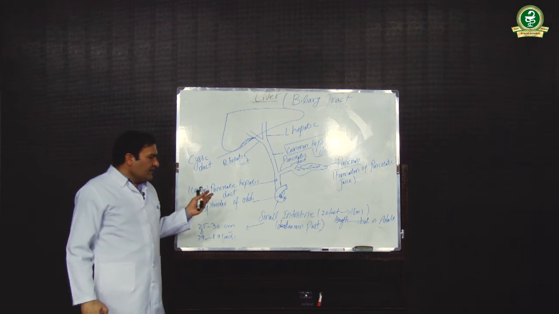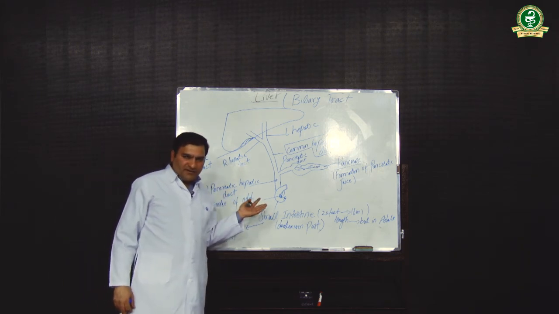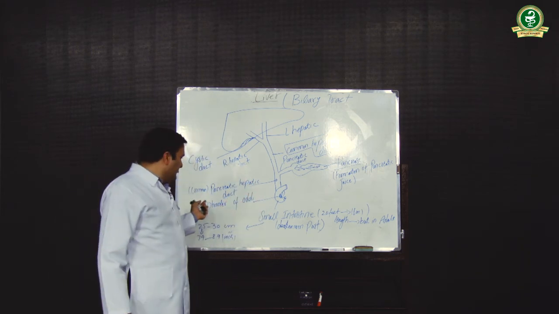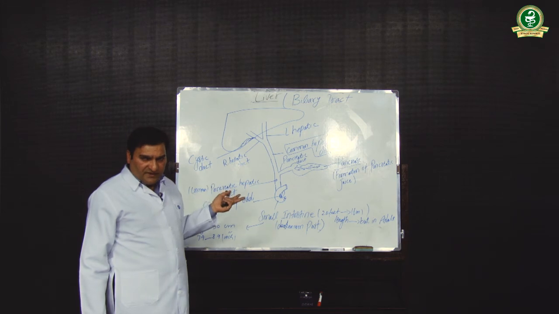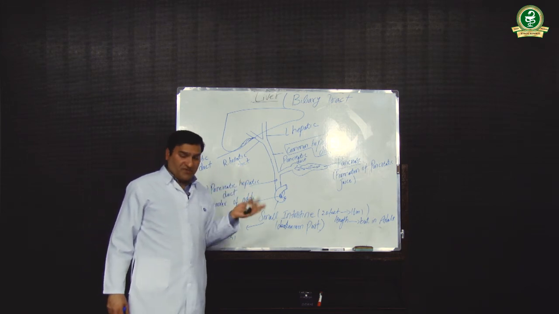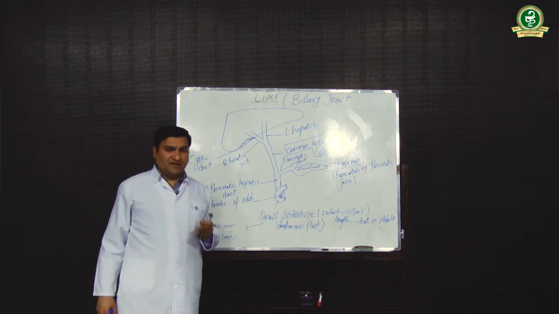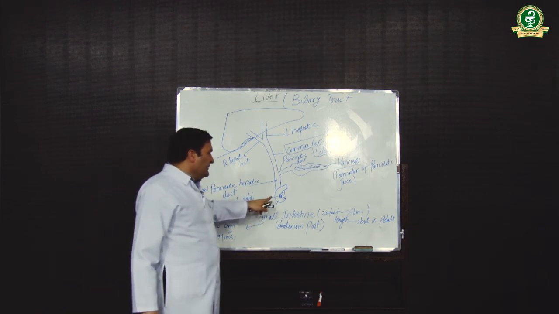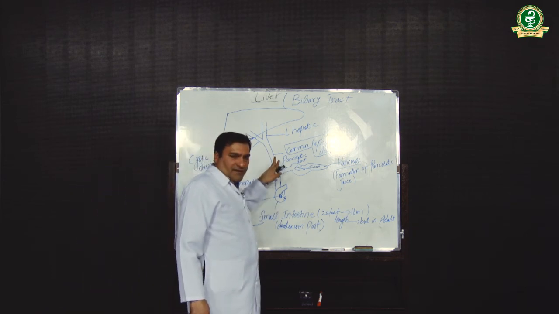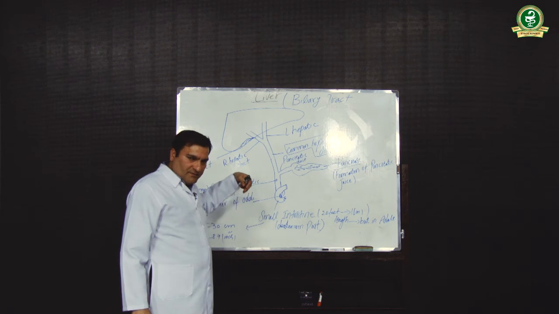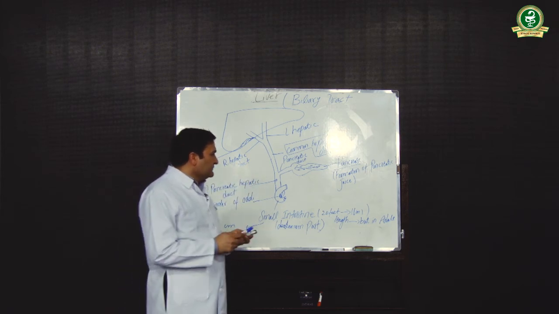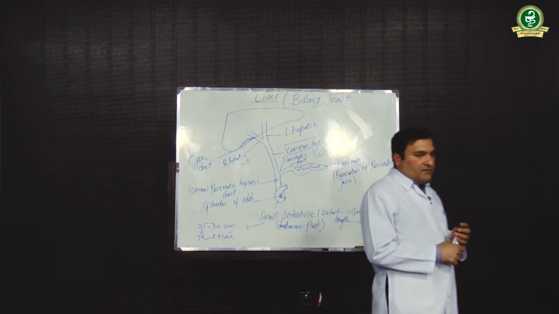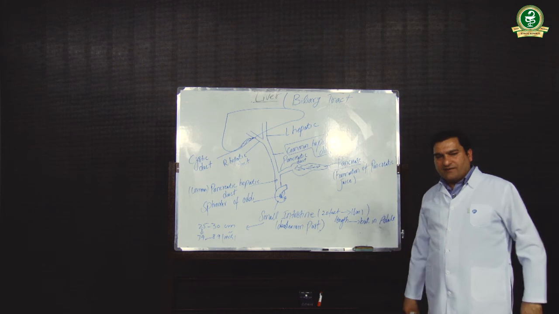At the duodenum part, the small intestine, a sphincter is present at the posterior side of the small intestine. It opens when bile juice and pancreatic juice come out into the small intestine. That is our biliary tract.